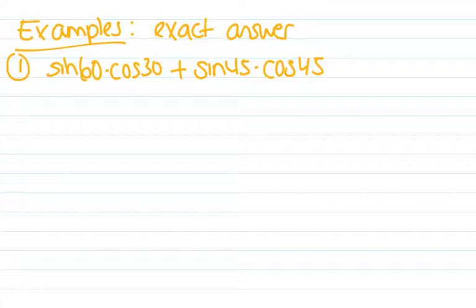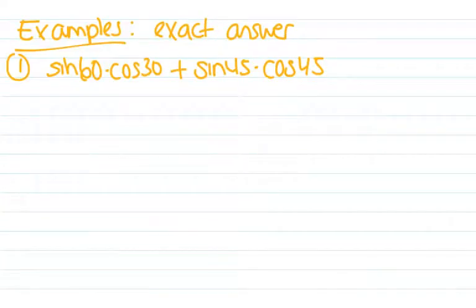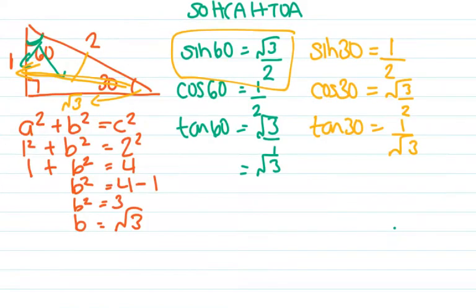Sine 60, look back at that second one here, sine 60 equals root 3 over 2. So below we're just going to write equals root 3 over 2. Okay, now times cos 30. Cos 30 is also root 3 over 2.